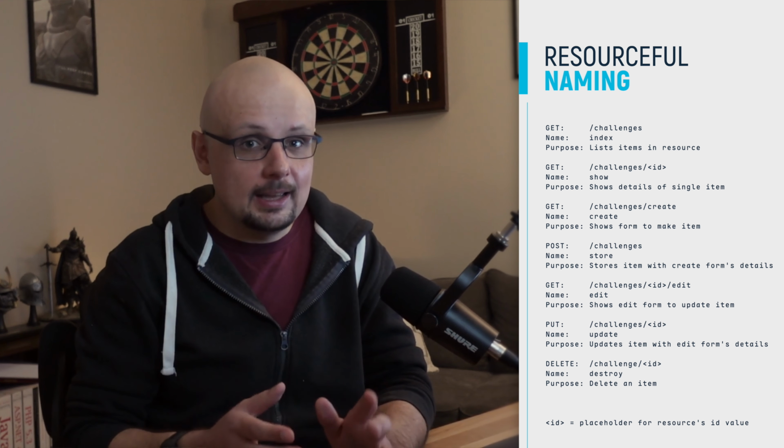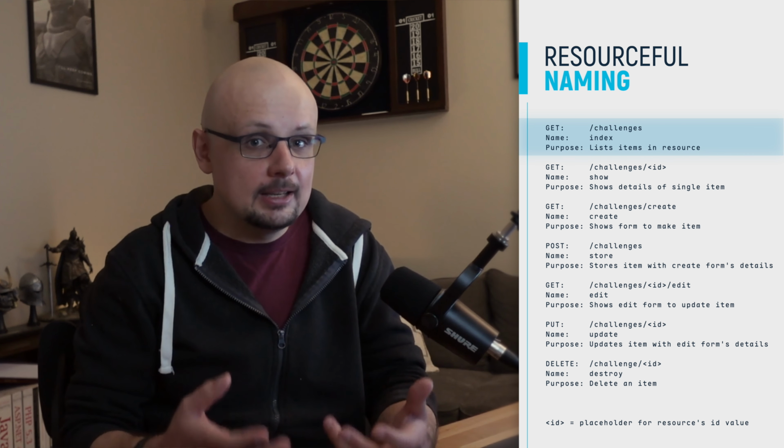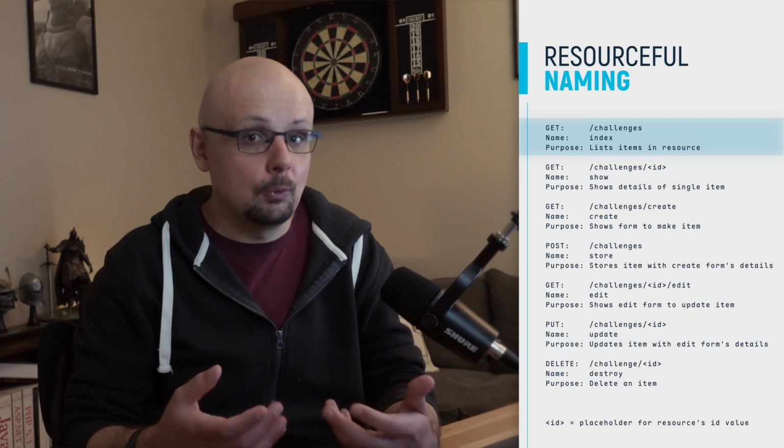Now, our naming here for our page of challenges/index follows resourceful naming conventions, where challenge is the actual resource. Resourceful naming has conventions for each HTTP operation needed to list, show, create, update, and delete a resource. For example, we have GET /challenges, which uses the name index and renders a list of items for that resource.